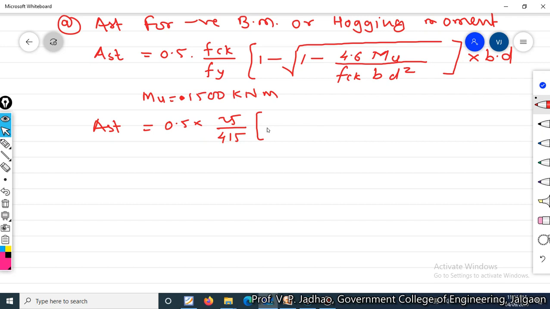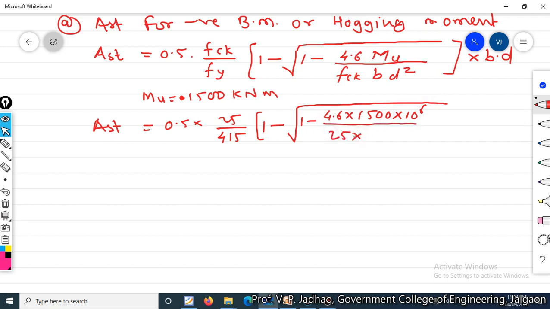Then we have 1 minus under root 1 minus 4.6 into mu, where mu is equal to 1500 into 10 raised to power 6 Newton mm, divided by FCK, again 25.